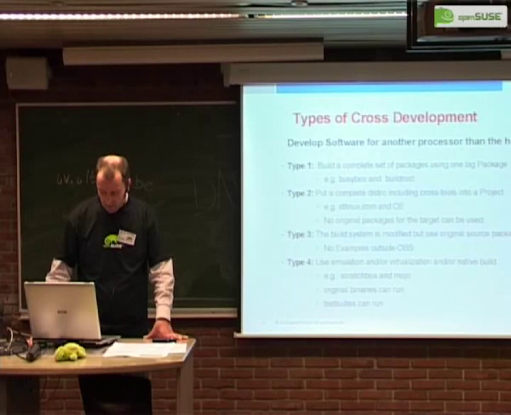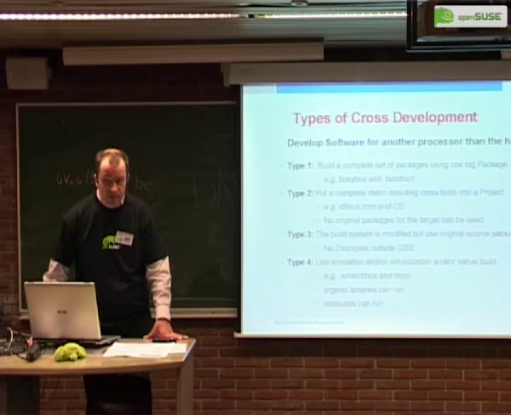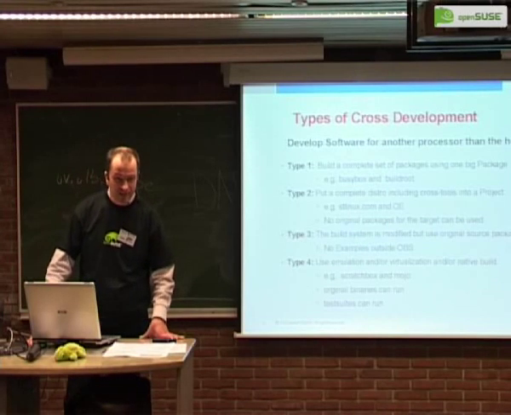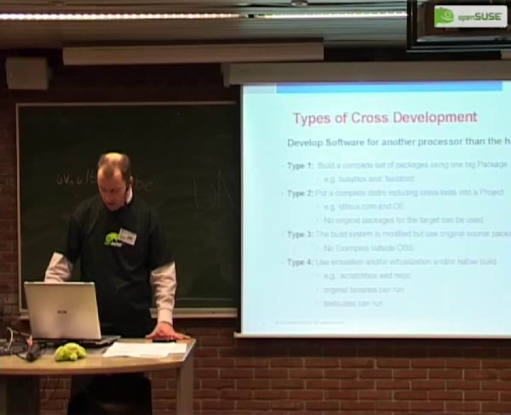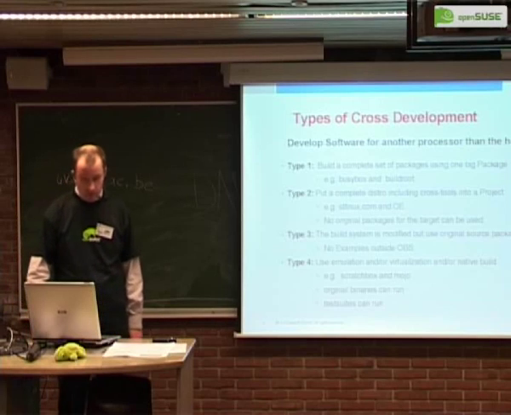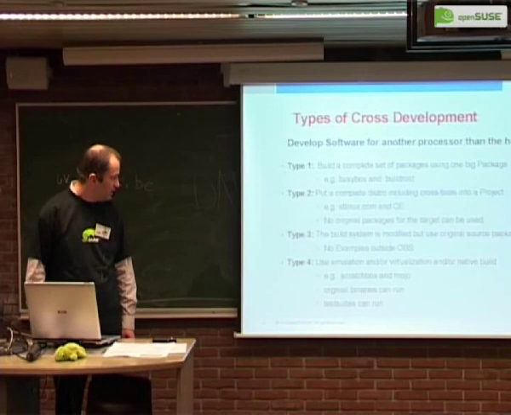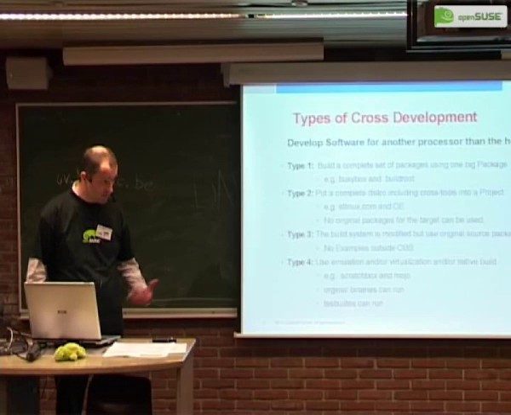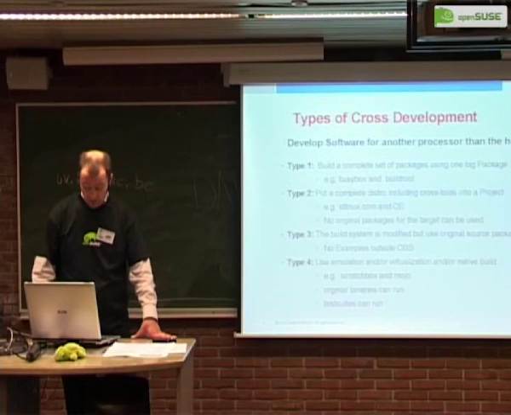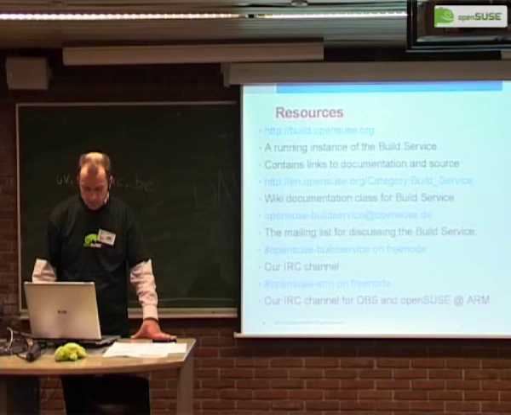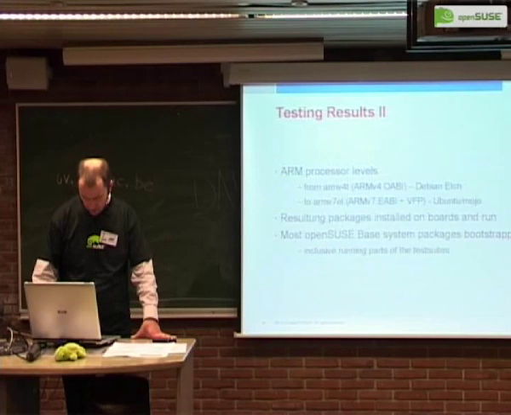And there are already lots of Linux distributions running around that are more or less natively compiled, even on ARM and these kinds of embedded processors, and we wanted to cope with them. So we also implemented what I call type 4 cross-development, cross-build with an emulator.